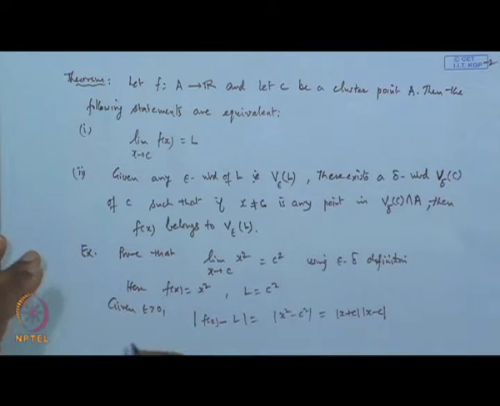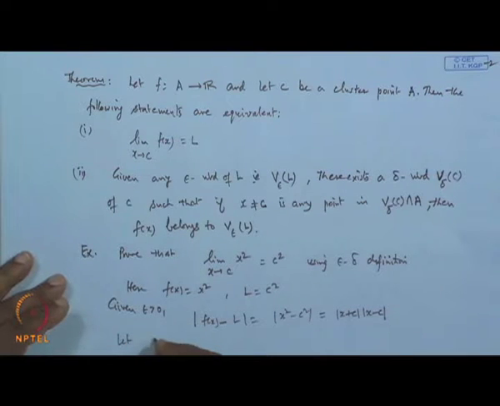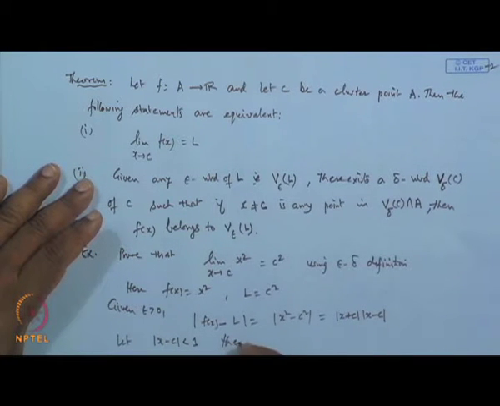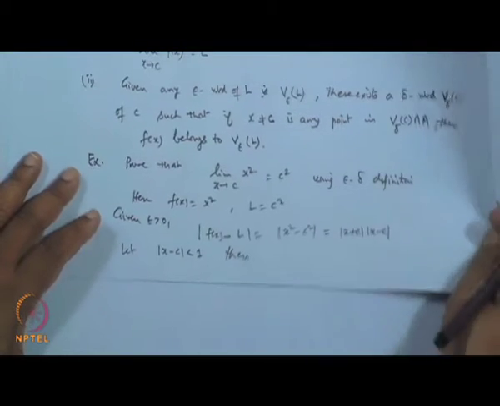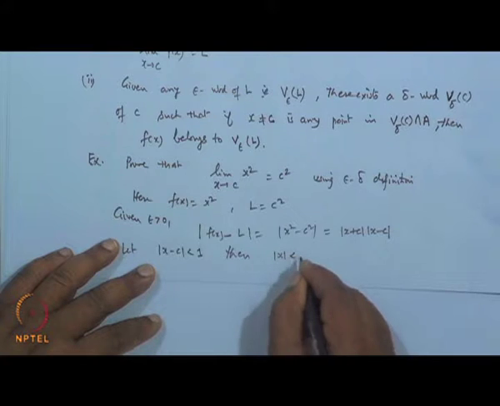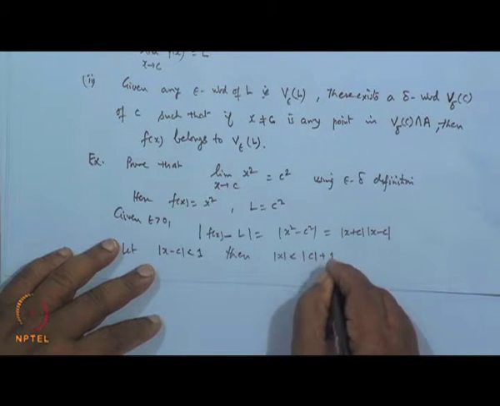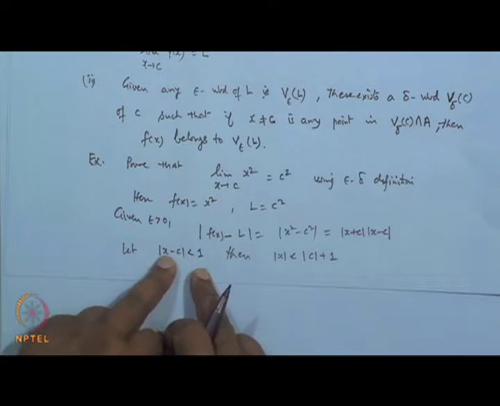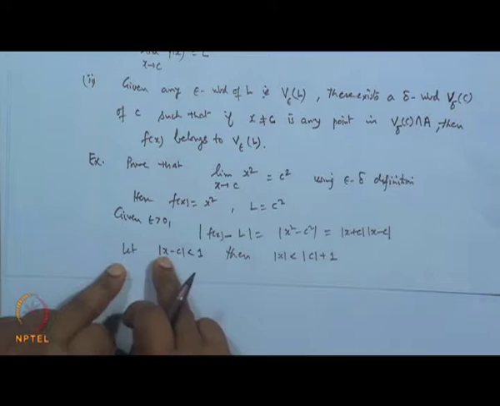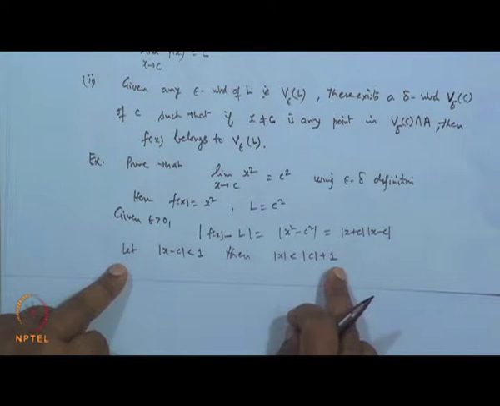So, let us take |x minus c| less than 1 first. Why? Because in this case x is lying close to c. If I take this, then the bound for x plus c we get from here. |x minus c| is less than 1, so |x| minus |c| is less than or equal to |x minus c|, which is less than 1, and then |x| will be less than |c| plus 1.